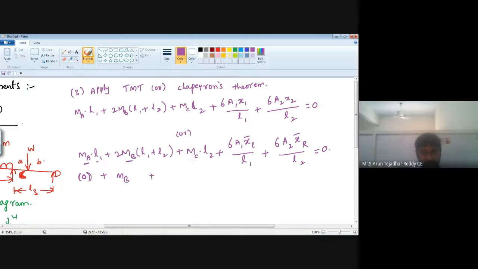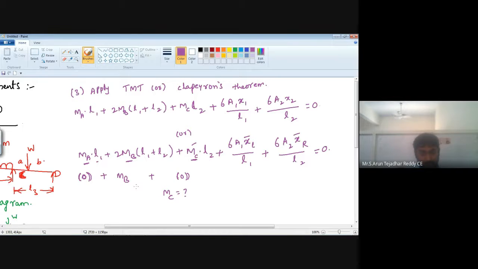Next, plus MC. Suppose at point C it is the end support, then it is also 0. But if MC is also an intermediate support, then MC is unknown here.